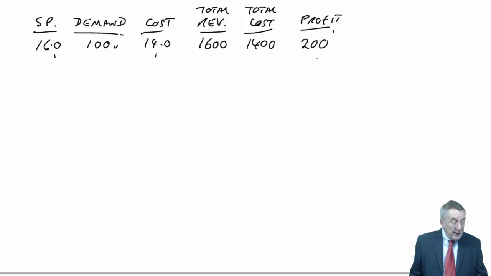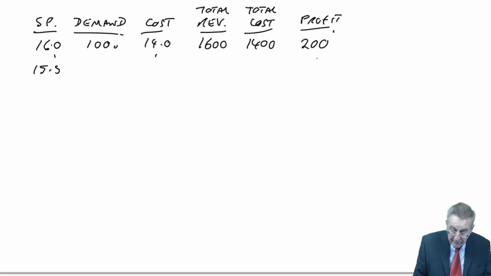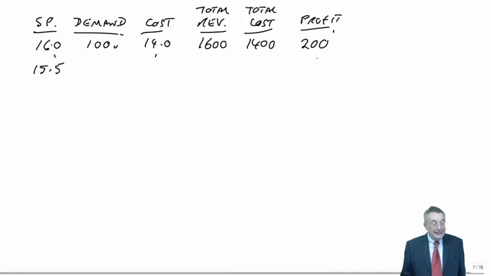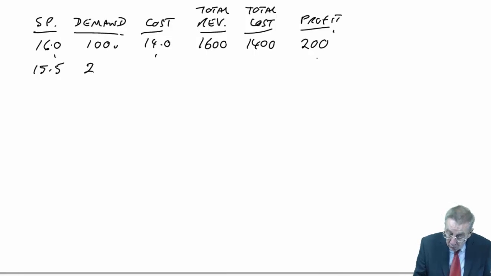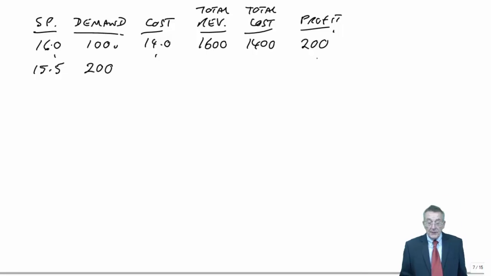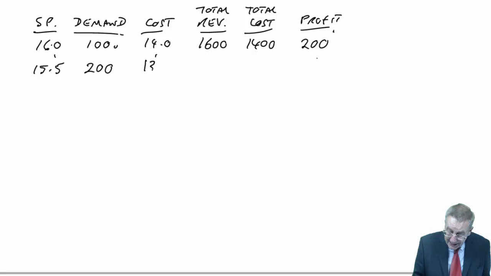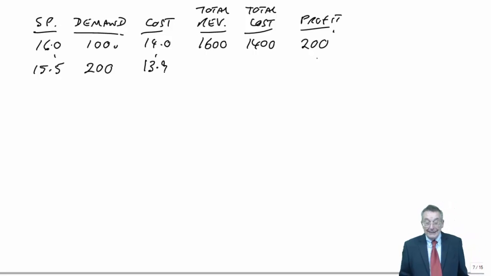What happens if I drop the price? If I drop the price to 15.5, we'll sell more, we'll sell 200 units. The cost is a little bit less at 13.9.